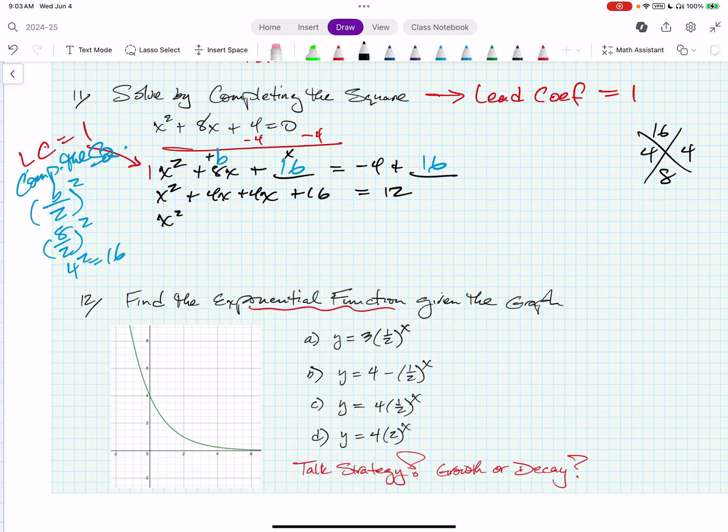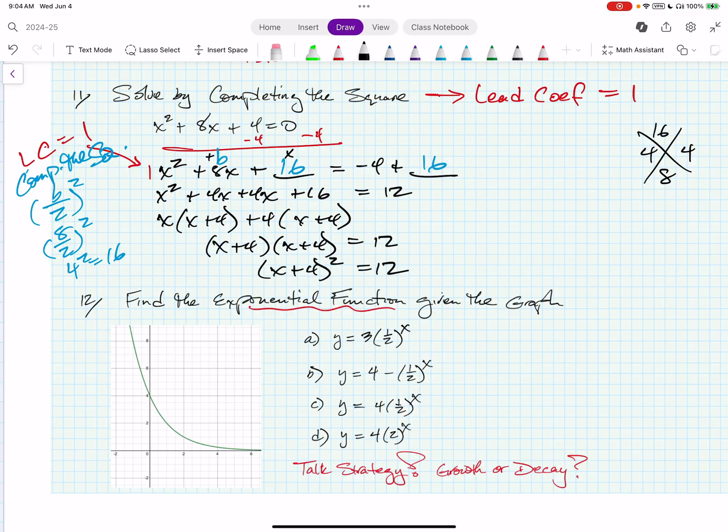You factor out x here, so x times x plus 4. Factor out the 4. You get the same binomial. And then you get x plus 4 times x plus 4. And remember, in this technique, they're always the same. So this is always going to transform into a binomial squared.